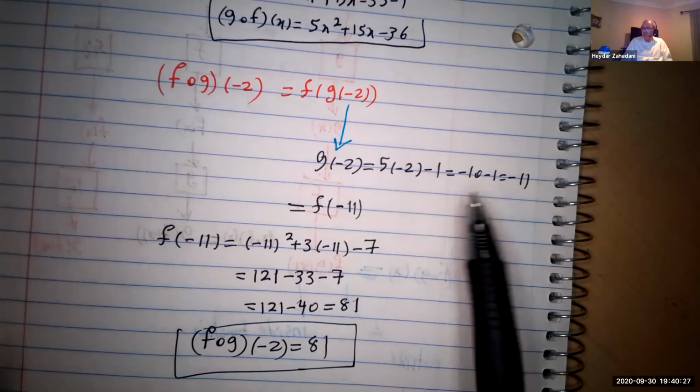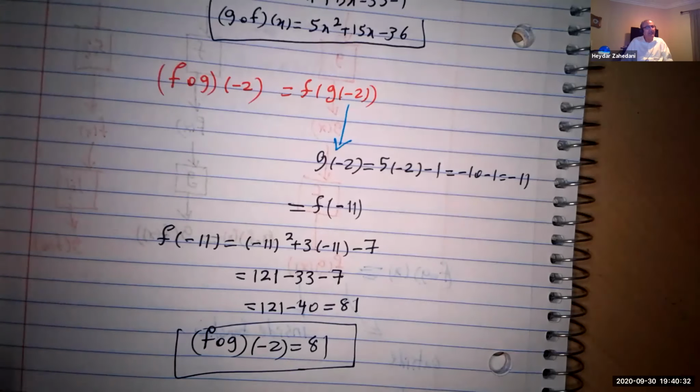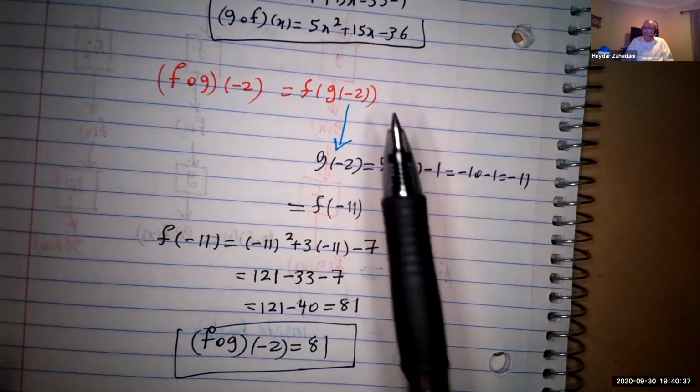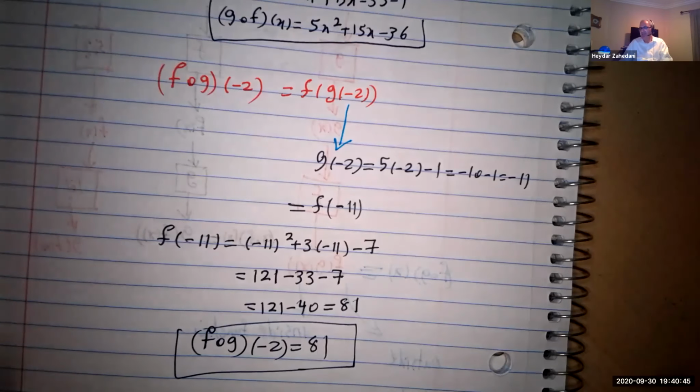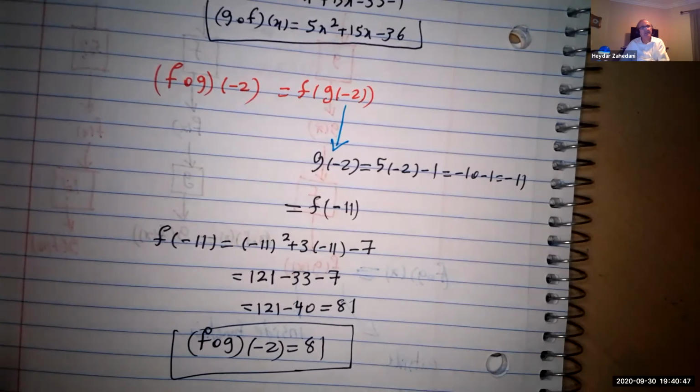Then you get f of negative 11, come back and do it. It's like the 50% and the 10% example I talked about: we apply the 50% first, get the result, then start over and do the second operation. Any question? This is the version that mostly we are going to use.